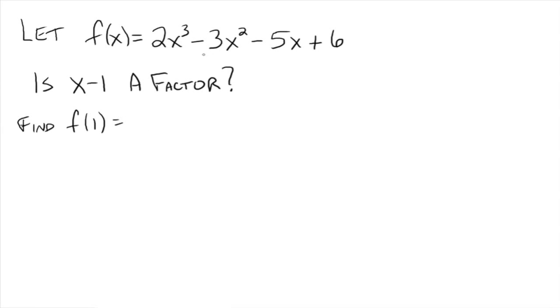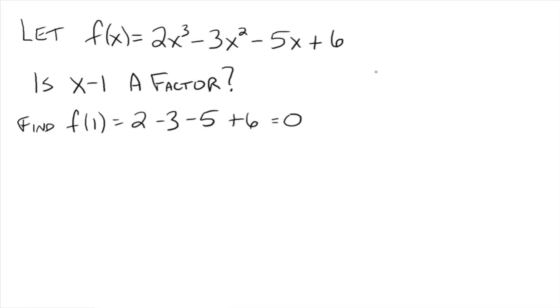You plug 1 in for all the x's, and you get 2 minus 3 minus 5 plus 6, and that all goes to 0. Because f of 1 is equal to 0, then x minus 1 is a factor of this polynomial f of x.